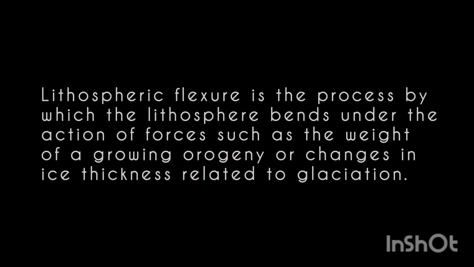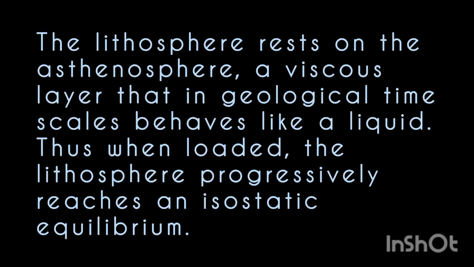Lithospheric flexure is the process by which the lithosphere bends under the action of forces such as the weight of a growing orogeny or changes in ice thickness related to glaciation. The lithosphere rests on the asthenosphere, a viscous layer that in geological time scales behaves like a liquid.